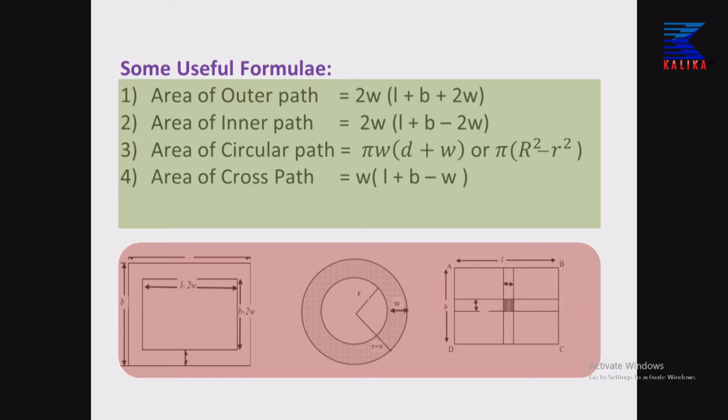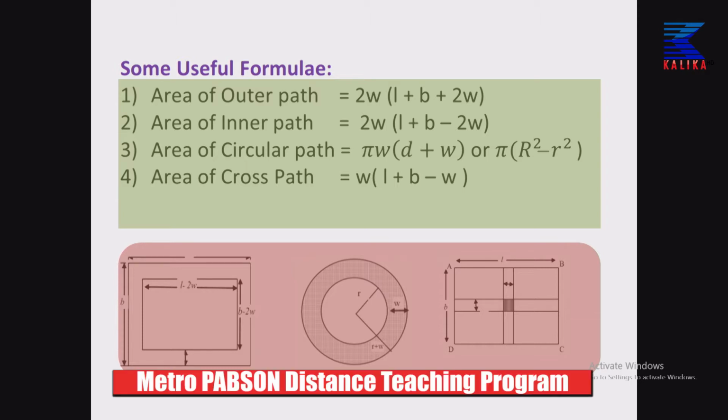Next, area of circular path is πw(d + w), where d stands for diameter and w stands for width of the path in all cases. Then area of cross path is w(L + B - w). You can see those three figures show what sort of path we discussed till today.